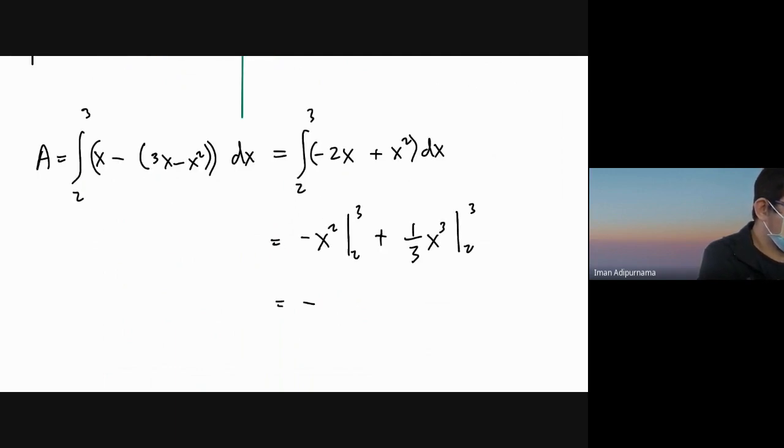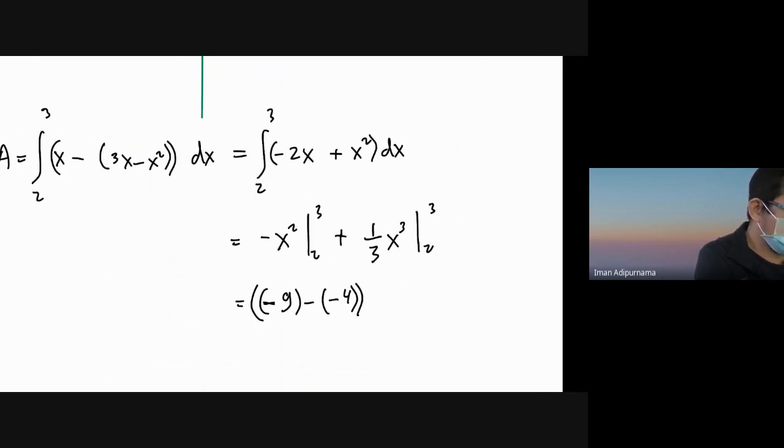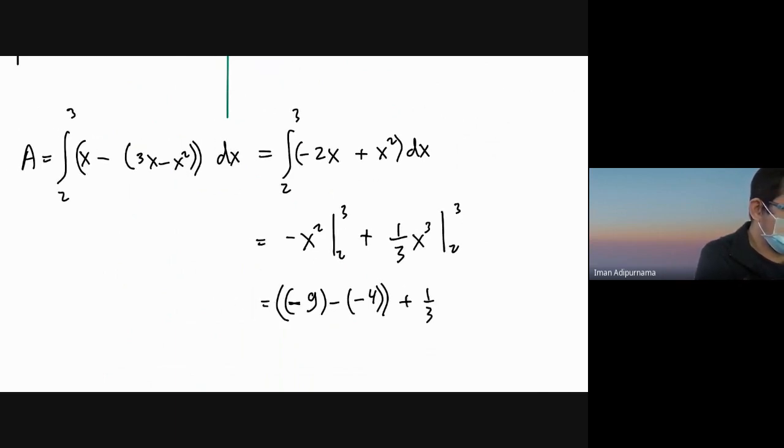Negative x squared from 2 to 3, plus 1 over 3 x cubed from 2 to 3. This will be negative 9, negative 4, and then plus 27 minus 8, over 3.